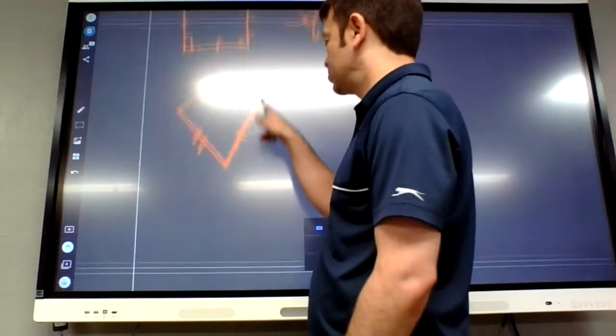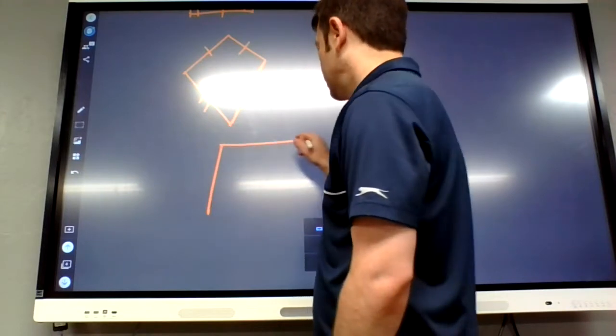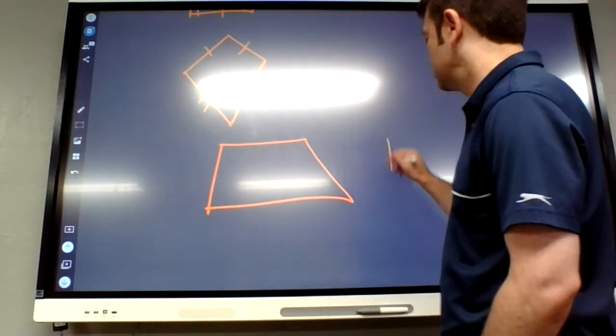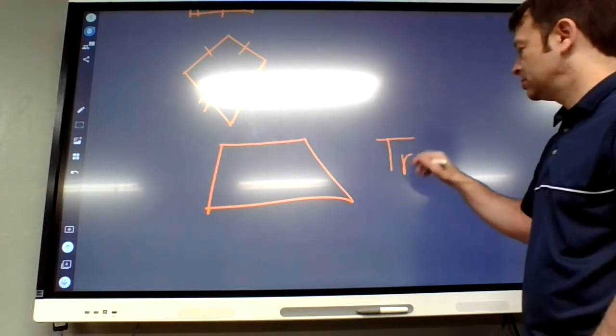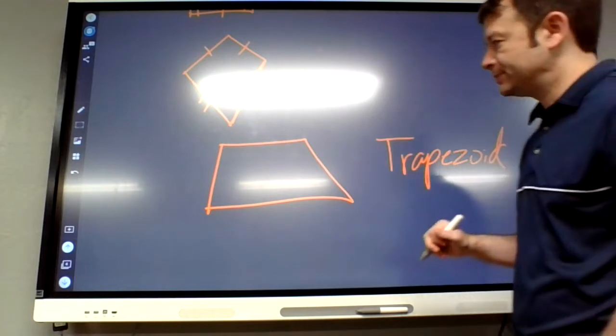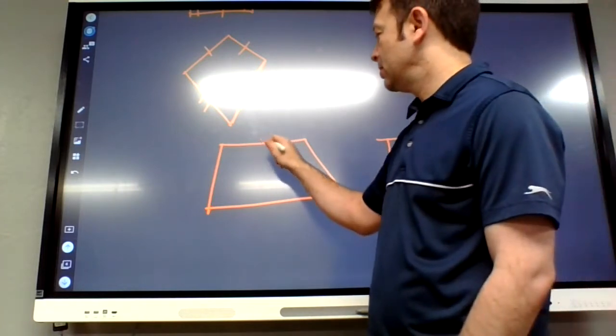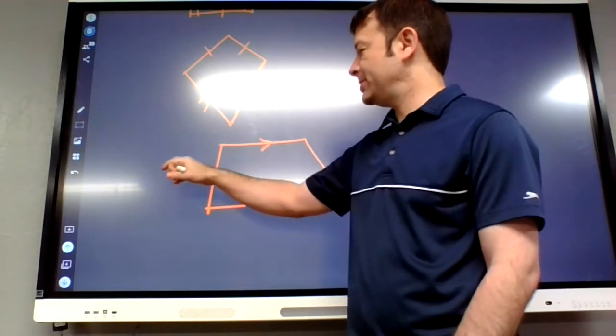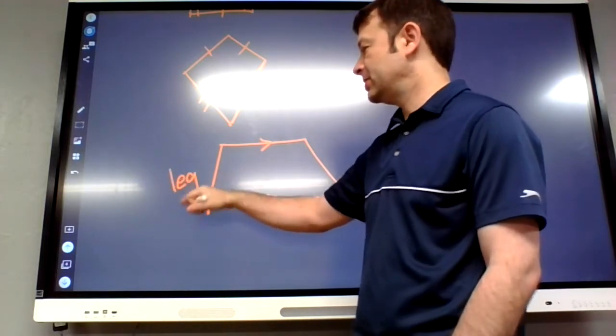And this is a trapezoid. What makes a trapezoid a trapezoid? The bases are parallel. See that? Remember what I call these non-bases? The legs.